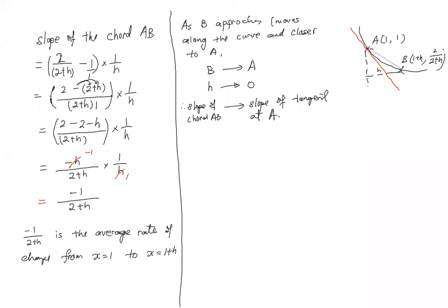Now if B is here, you see, isn't it an approach? As it moves, you see the angle between the green line and the red line, that is the tangent at A, becomes smaller and smaller, correct?